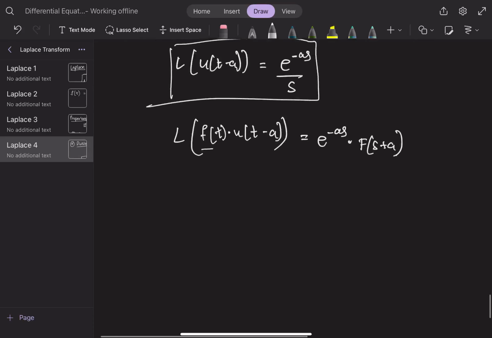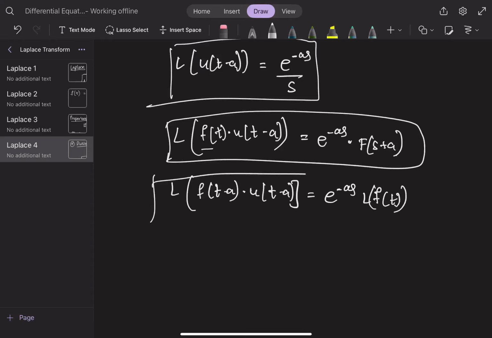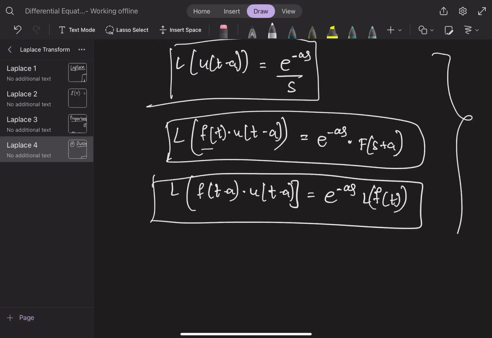And lastly, if you have Laplace of f of t minus a into u of t minus a, then the answer is e raised to minus as Laplace of f of t. So remember these three formulas, we will be using them. Let's take an example.